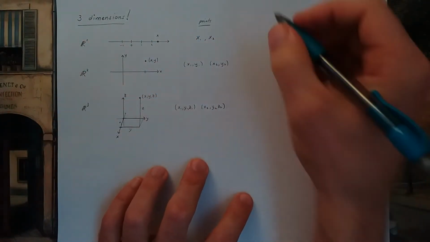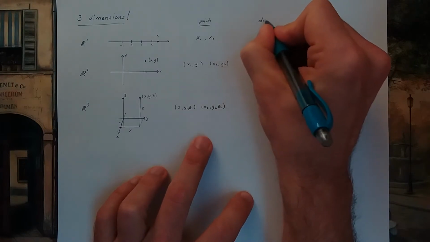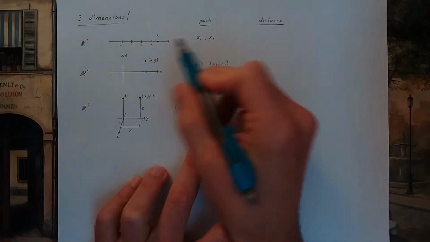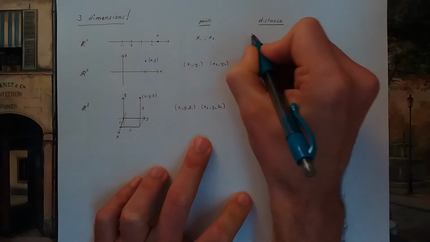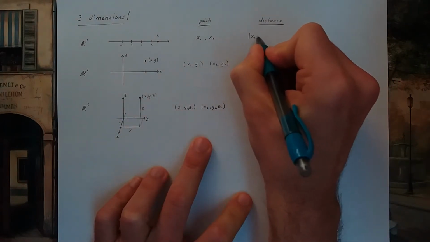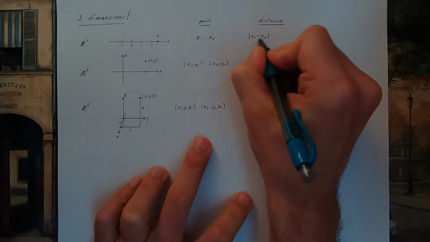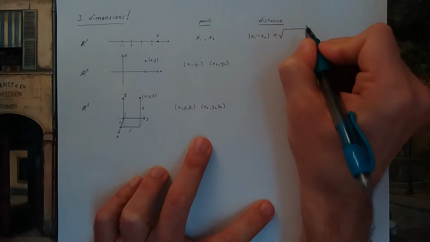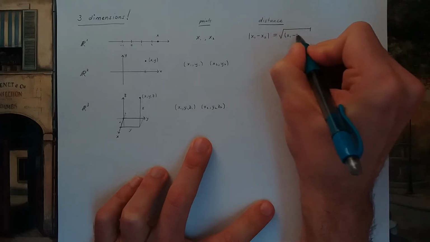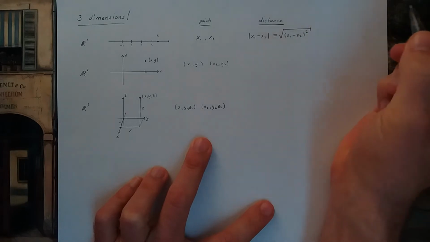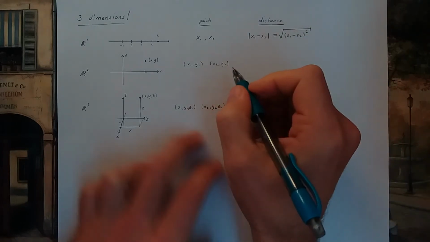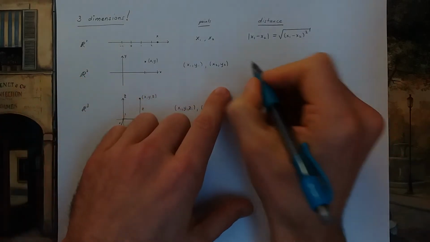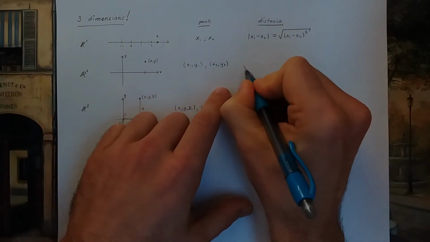We can also calculate distances in R3. So if I have 2 different points in R1, the distance between them is the absolute value, x1 minus x2 in absolute value. If you'd like, you can write the absolute value as the square root of x1 minus x2 squared. Now, if you're in R2, 2 dimensions, we could calculate distance using the distance formula.